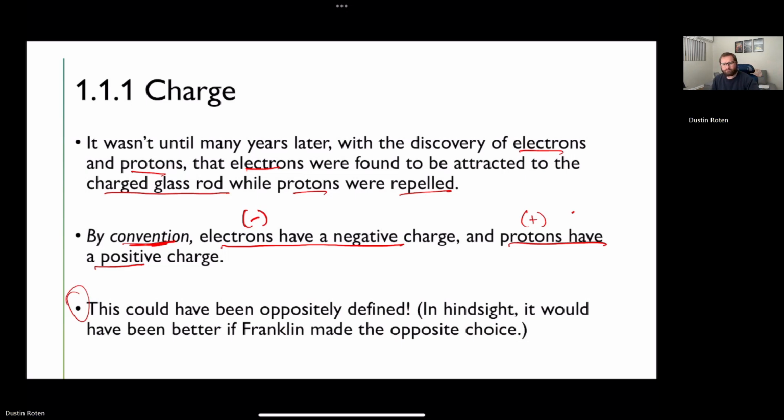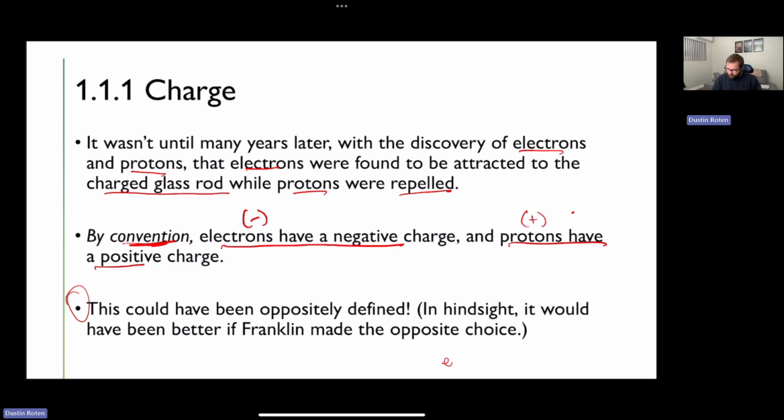Actually, in hindsight, if any of y'all decide to go into an electrical engineering program after this, if you want to transfer to NC State or Charlotte to do electrical engineering, you'll find that it would have been so much better if Franklin had made the opposite choice.